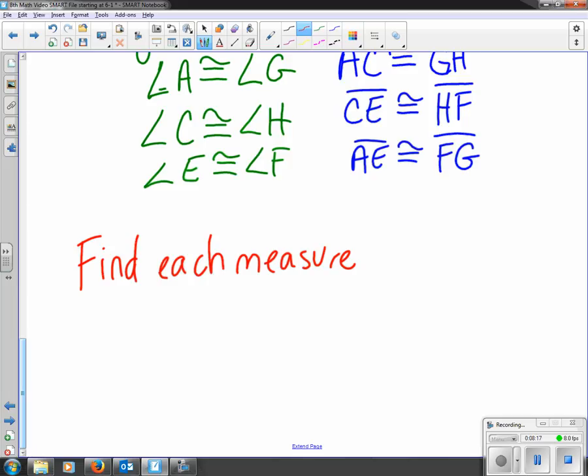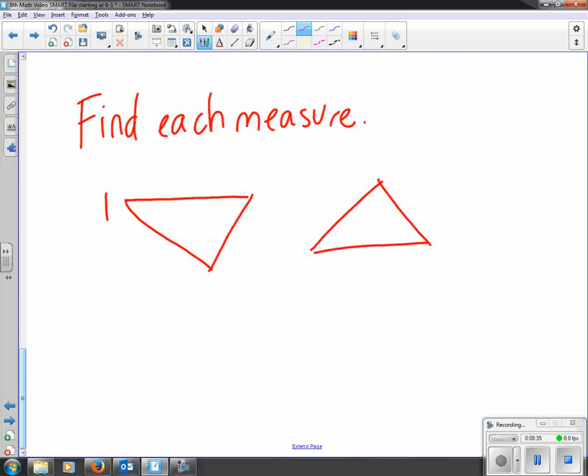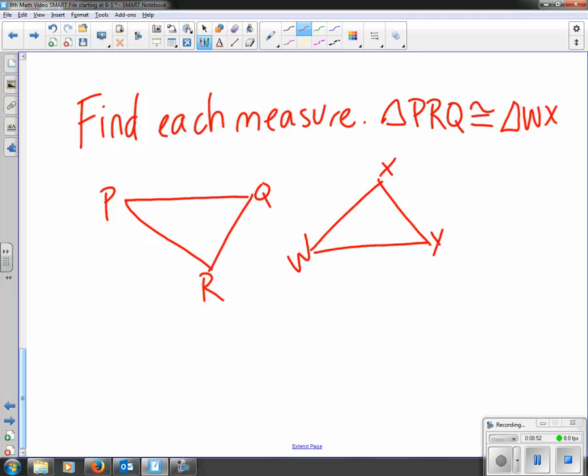Okay, find each measure. All right, so I'm telling you that these triangles, I'm trying to draw them the same, they are congruent. I am telling you these angles are congruent. So triangle PRQ is congruent with triangle WXY.